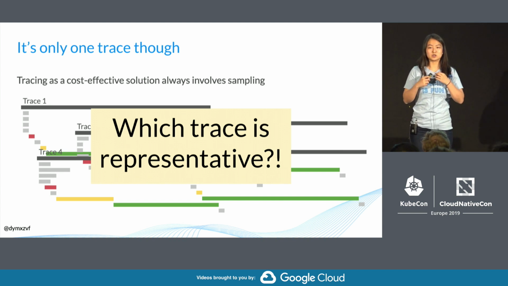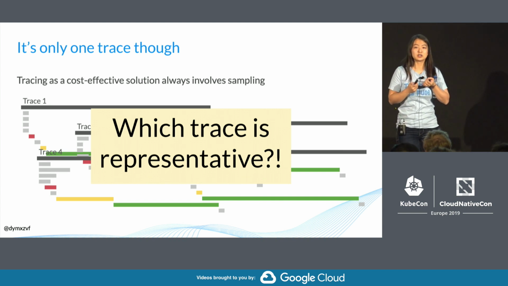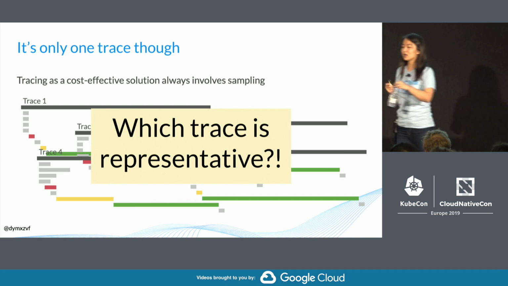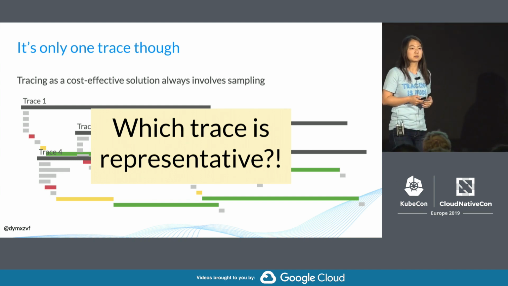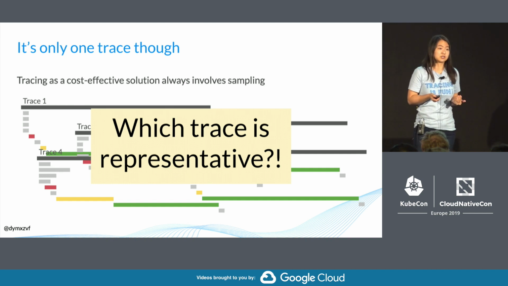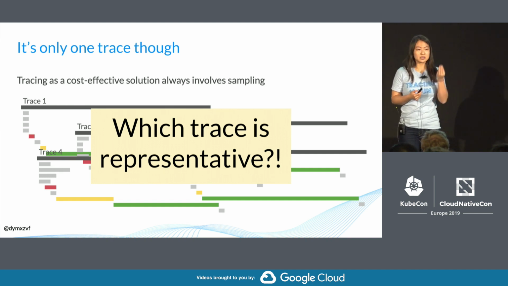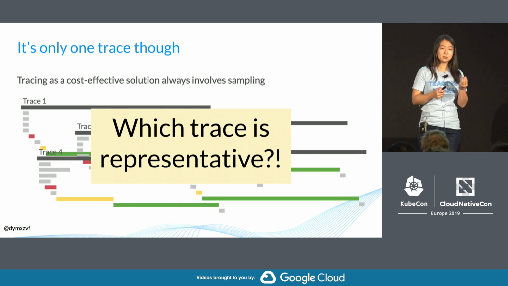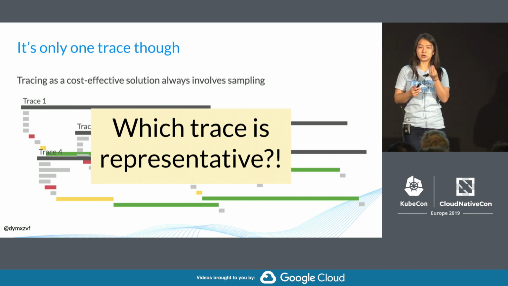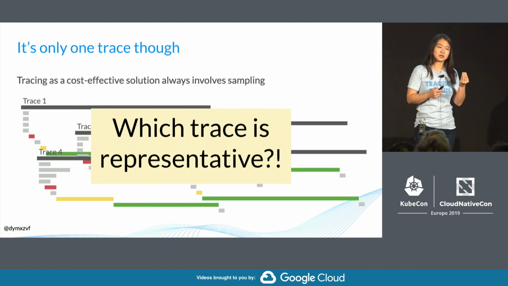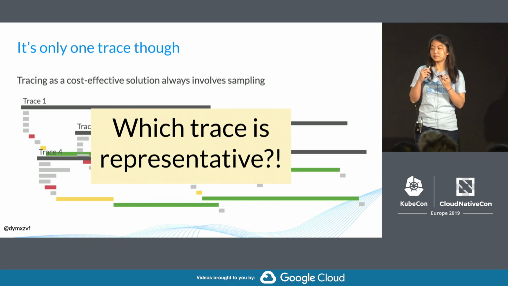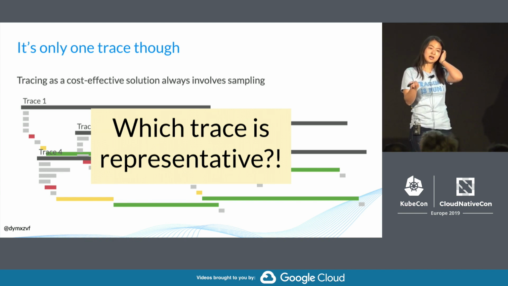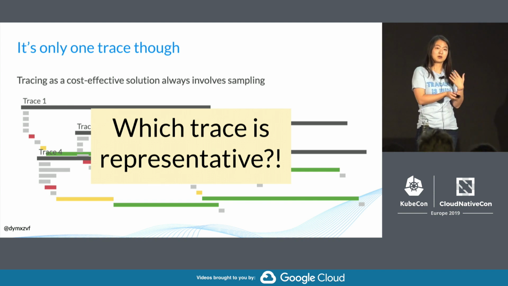The key here is we cannot feasibly capture 100% of all transactions. That's just not cost effective, right? For a typical distributed system, probably handling at least thousands of transactions per second. So sampling is inevitable. With sampling, the problem you have is that you don't know whether or not you're looking at a trace that represents the total population. And if you're not careful about it, it might lead you down the wrong path to optimize the wrong thing.